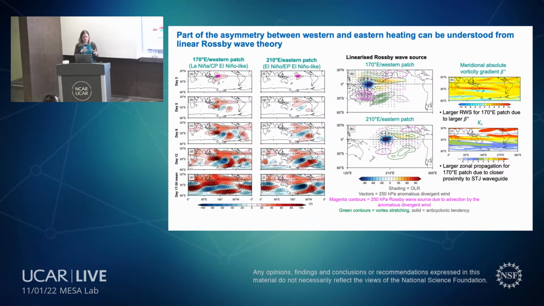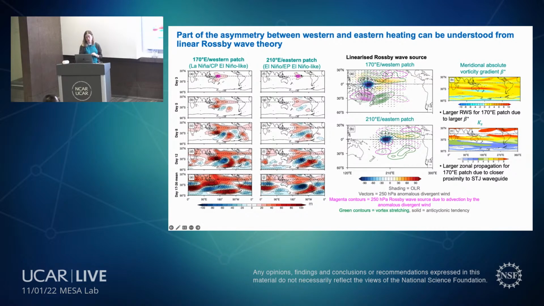So we find that part of this asymmetry can be understood from linear Rossby wave theory. So when we impose heating closer to the core of the subtropical jet, we get more zonal propagation. And that was also the case for the Eastern Indian Ocean experiment.